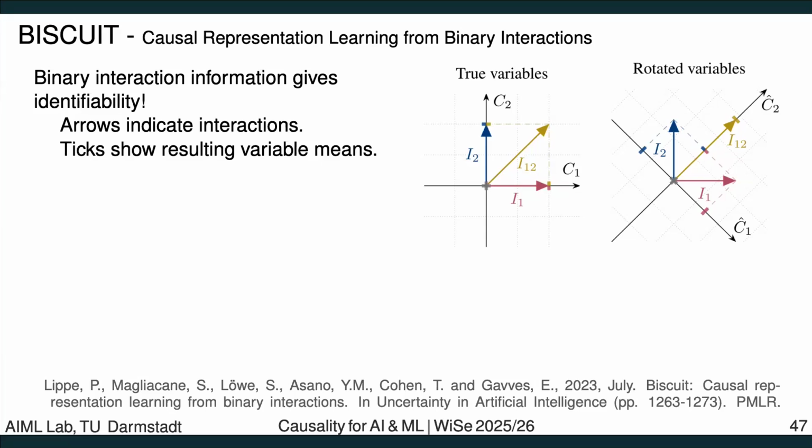How do I know whether my latent vector is actually correctly decoded? Whether it's not somehow rotated so that variables are maybe mixed together in some sense. Basically, the idea is, if I do this, then only one of those latent variables should be affected.